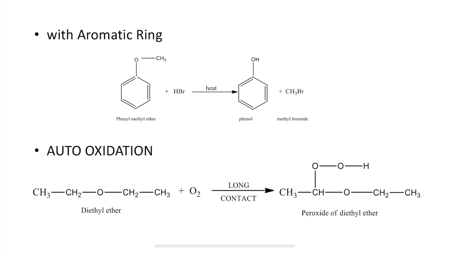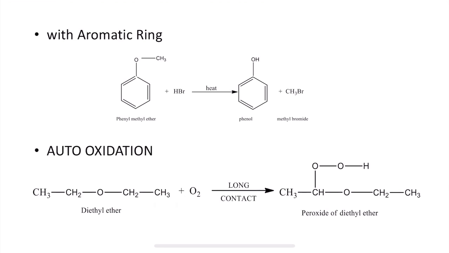Next is auto-oxidation. Ethers combine with atmospheric oxygen to form peroxides. Ethers are very reactive towards the atmospheric oxygen which is present. For example, this is diethyl ether, C2H5OC2H5, or this can be written as CH3CH2OCH2CH3. Both are the same, diethyl ether.